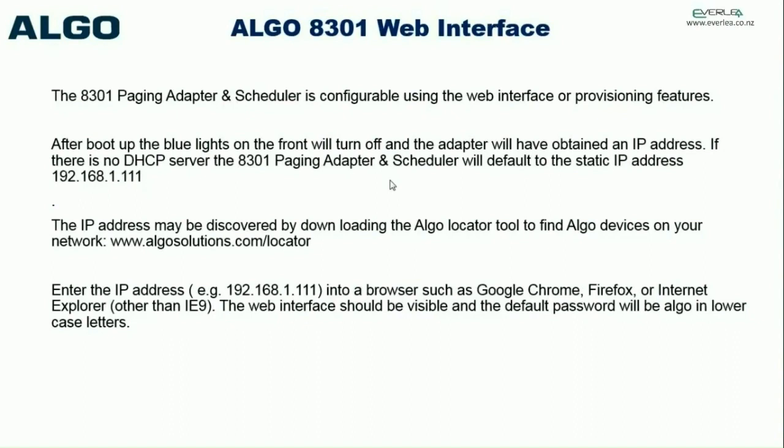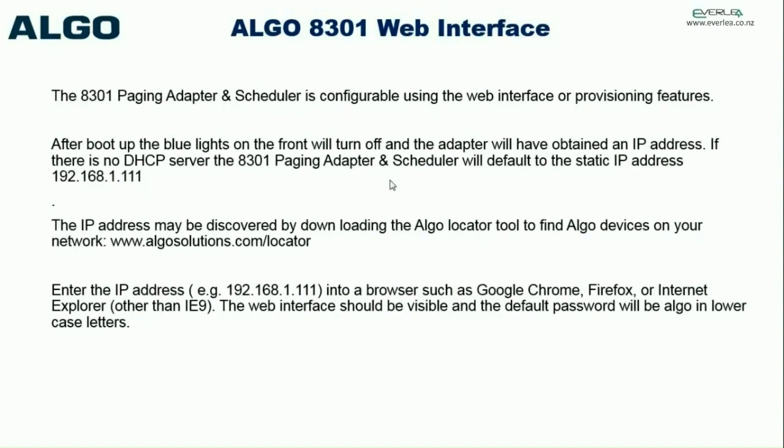Now, just a note for those who are a little bit unfamiliar with the IP side: if you are going to do a direct connect to the Algo using its fixed IP address, please make sure that your LAN interface has been set to an IP within the default IP range that the Algo has defaulted to.